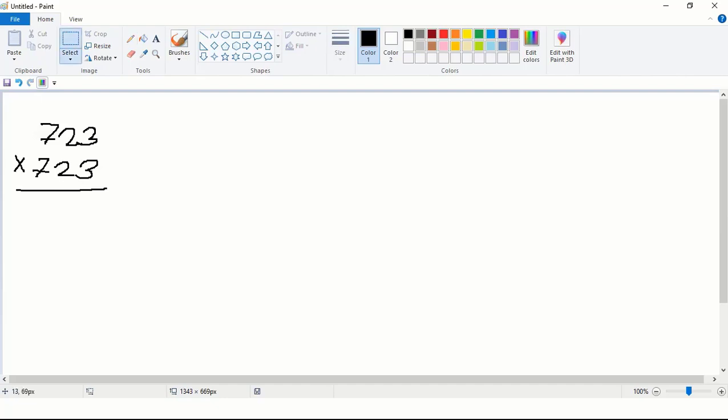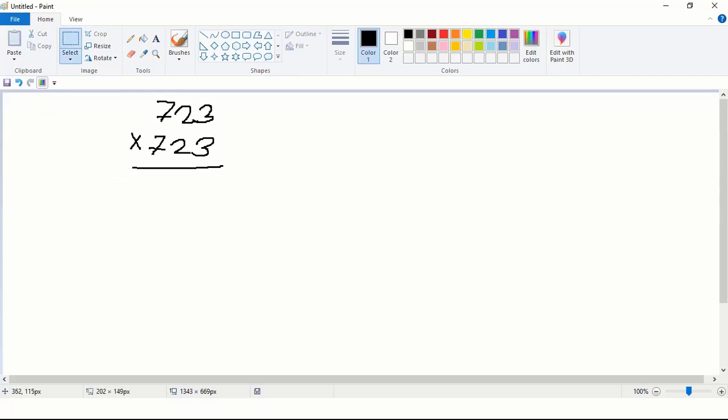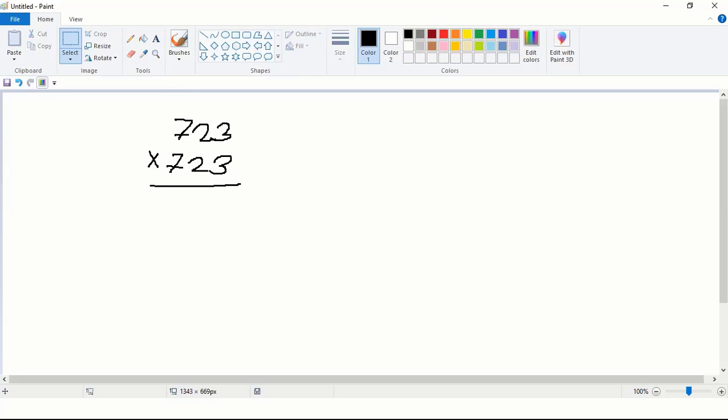Now let me adjust the screen for my calculation purpose. This can be solved as 3 into 3, 9, 3 into 2, 6, 3 into 7, 21. Here 0. Now 2 into 3, 6, 2 into 2, 4, 2 into 7, 14. Here 0 and again 0.